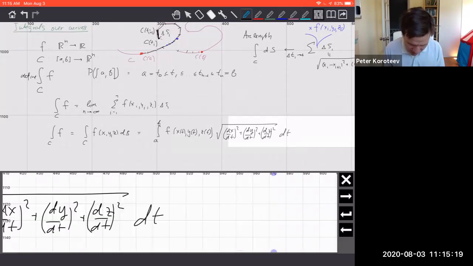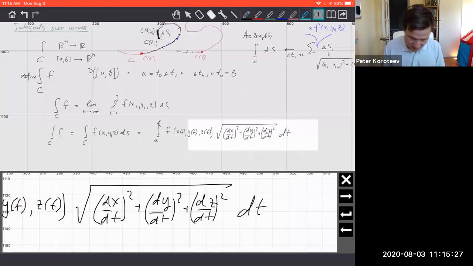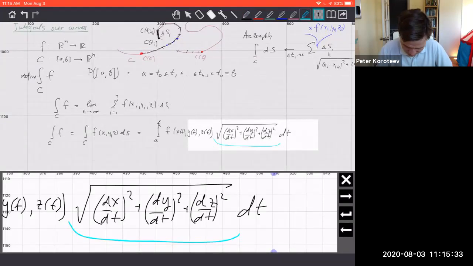Now it's an ordinary Riemann integral from a to b over the line, and the fact that we're integrating over the curve is contained in the square root function here.